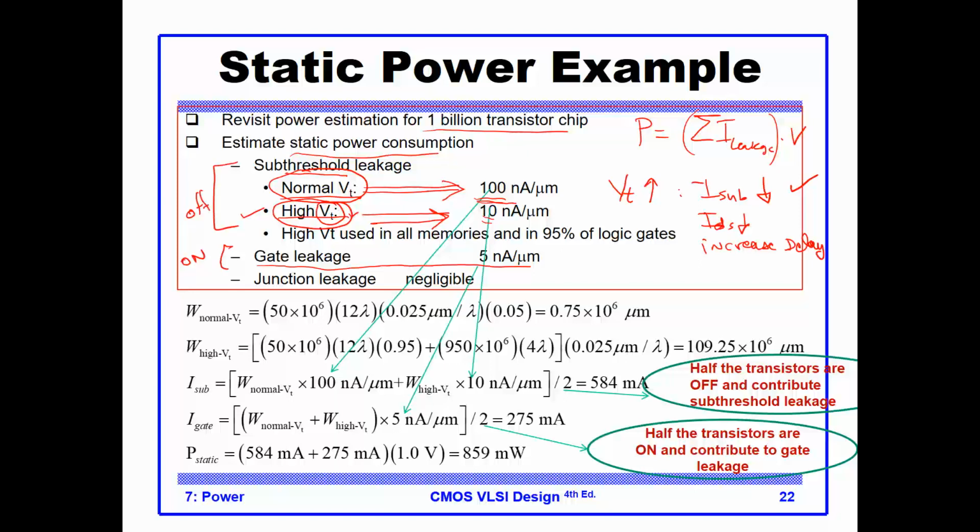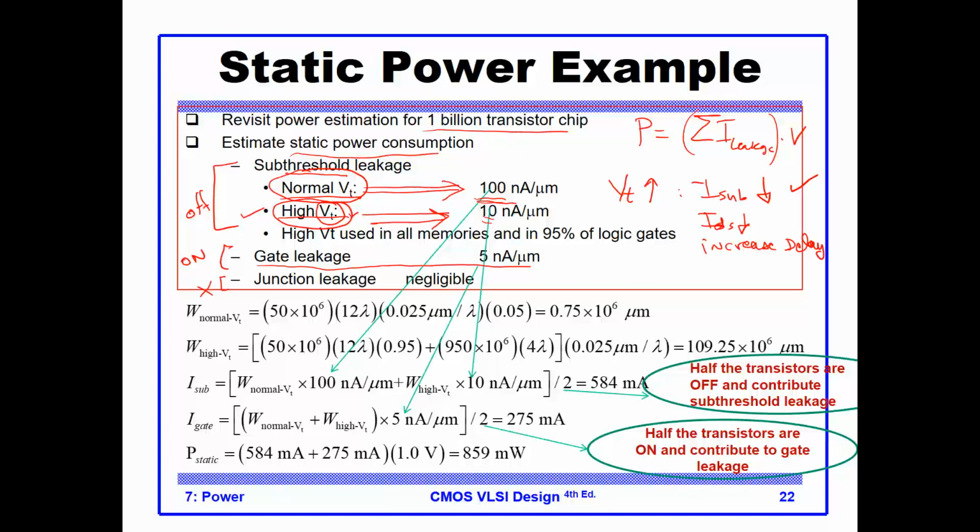This is very important because sometimes in the exam question we will tell you to assume that the off devices are 60% and the on devices are 40%. So you have to understand not all the devices will be on and off at the same time. Some of them will be on, some of them will be off, so you need the percentage. Junction leakage in this problem is ignored.